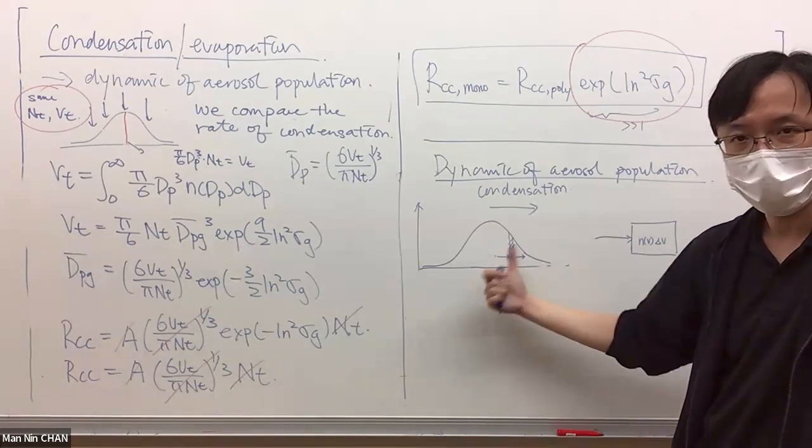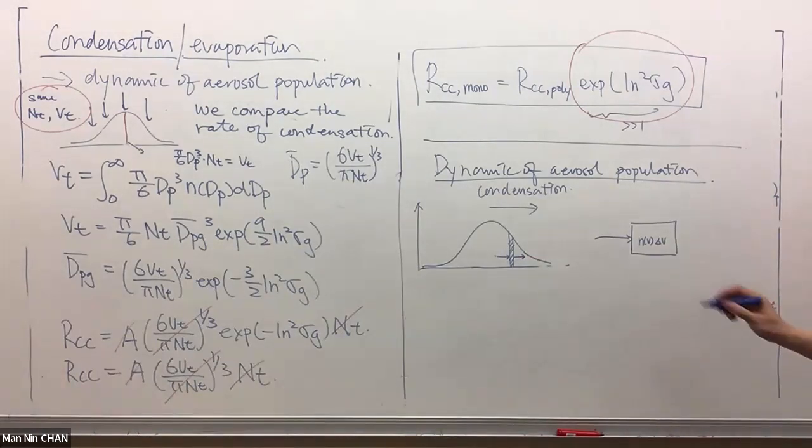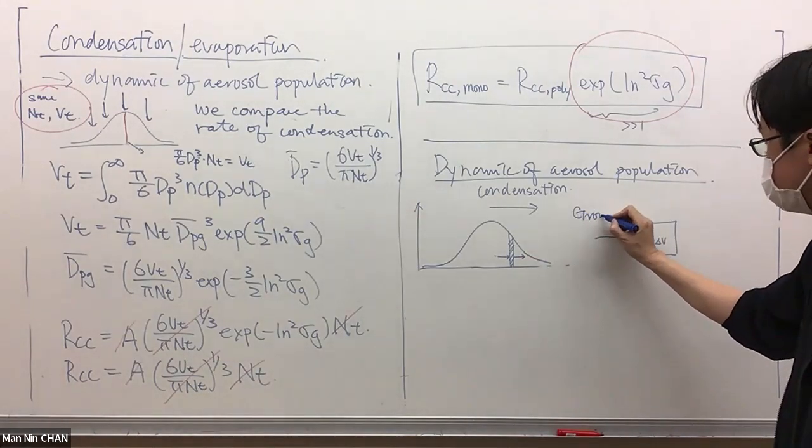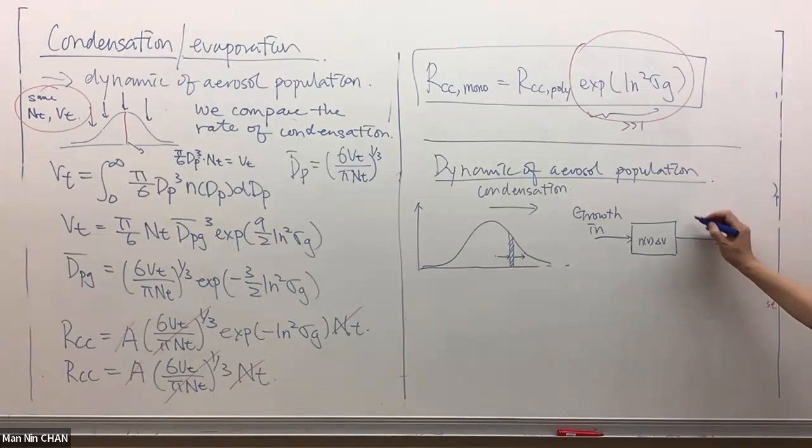And then some will grow out, they become bigger, so they will be outside this size range. So that means there will be what we call growth in, and then you have what we call growth out. So that would be the idea.